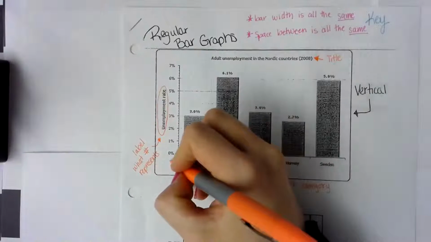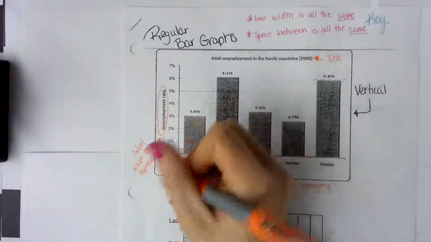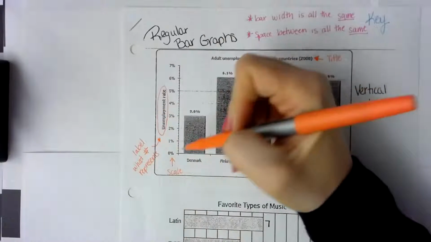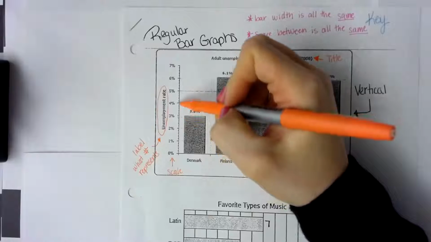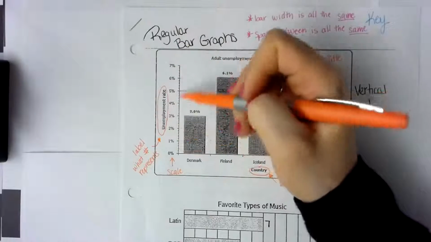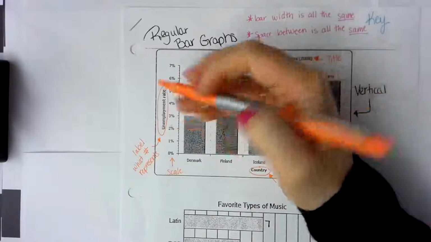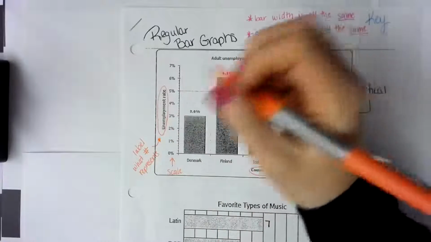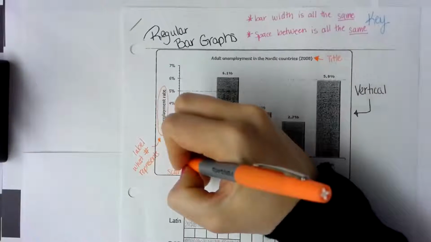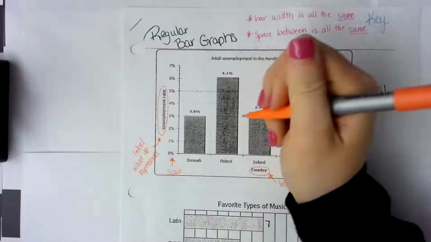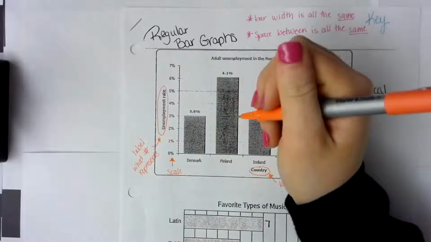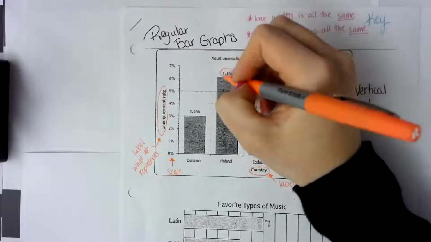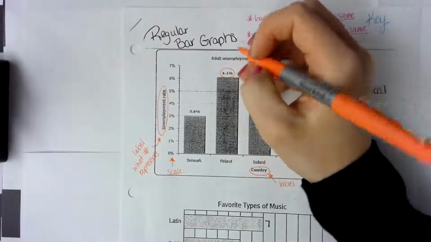So then this right here is your scale. So this is just going up by 1 each time. So that should always be the same. So from 0 to 1 is 1, from 1 to 2 is 1, so on and so forth. So that's your scale, and that should always be the same throughout. Then you are going to have a number above your bar.